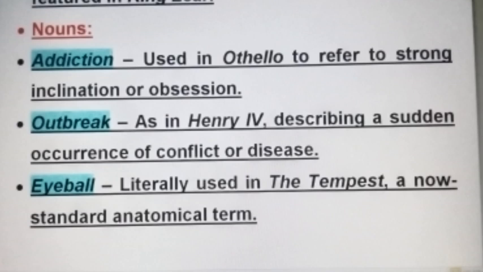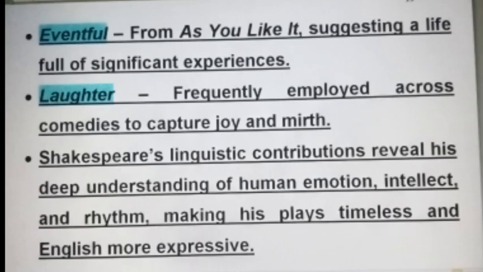Eyeball, first literally used in The Tempest, now a standard anatomical term. The next word, that is eventful. Eventful is used in As You Like It, suggesting a life full of significant experiences. The next word, that is laughter, frequently employed across Shakespearean comedies to capture joy and mirth.